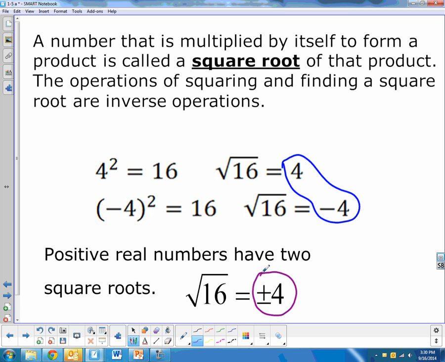The plus sign and the minus sign next to the 4. And that gives us the two answers. That essentially means 4 or negative 4. And so we've got plus or minus 4, which means 4 or negative 4. And that plus or minus sign is where we're going to write that. And any positive real number is going to have two square roots.